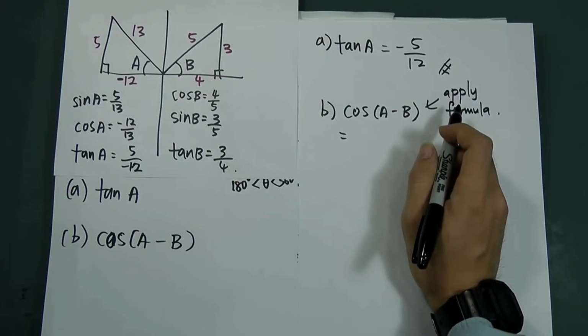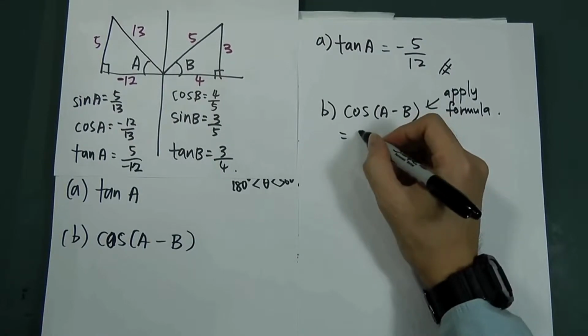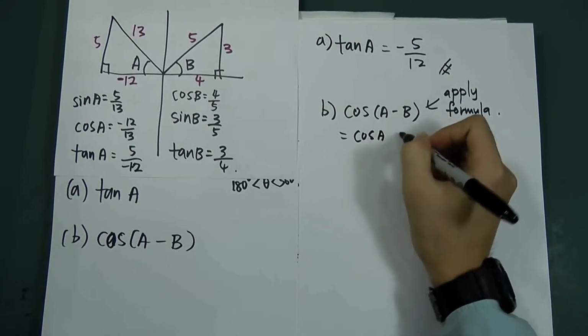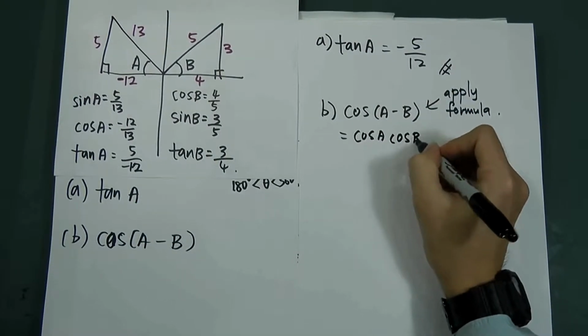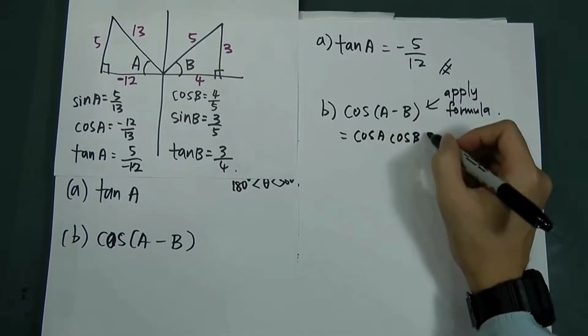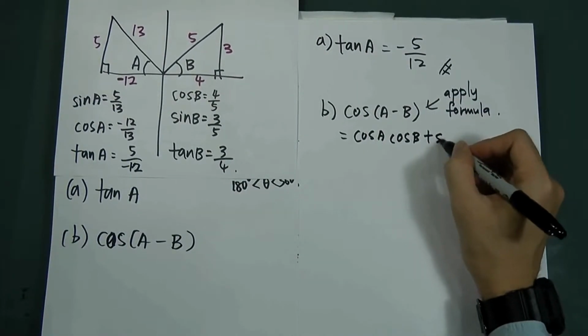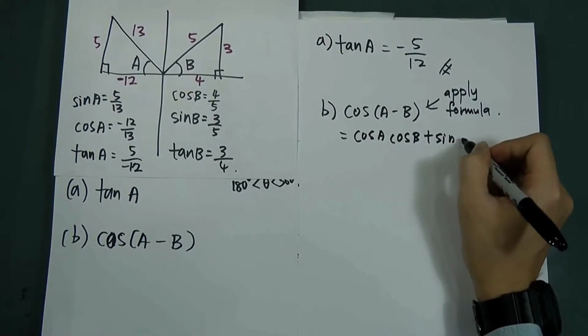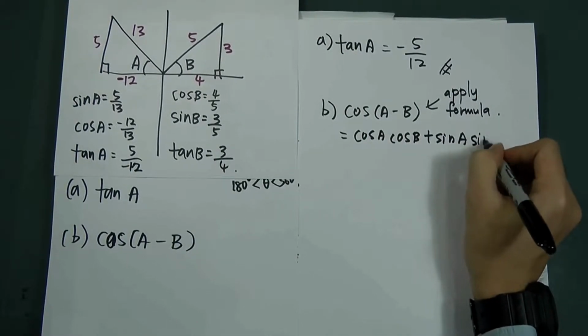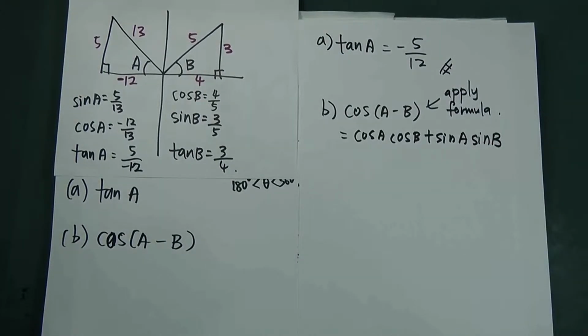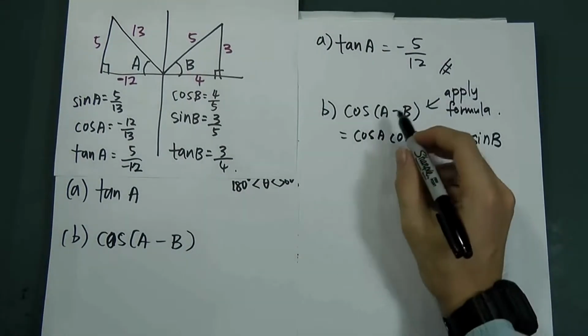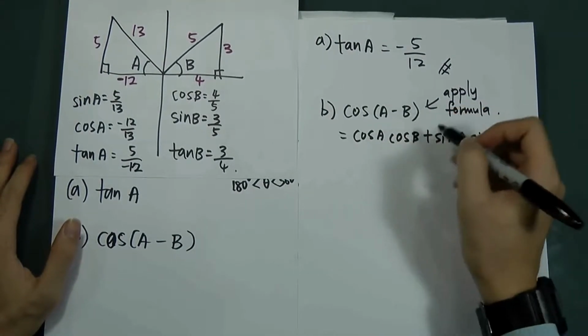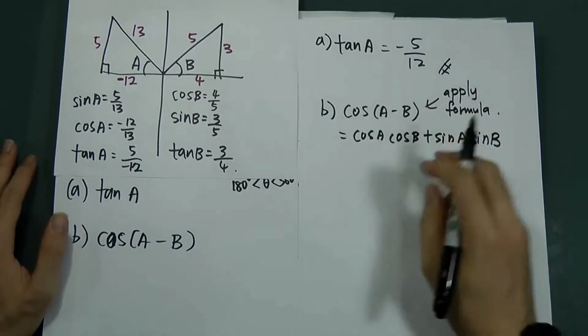Cos of A minus B equals cos A cos B plus sin A sin B. Just memorize the formula: here is minus, here will be plus. If here is plus, here will be minus. Only cos is a bit different.